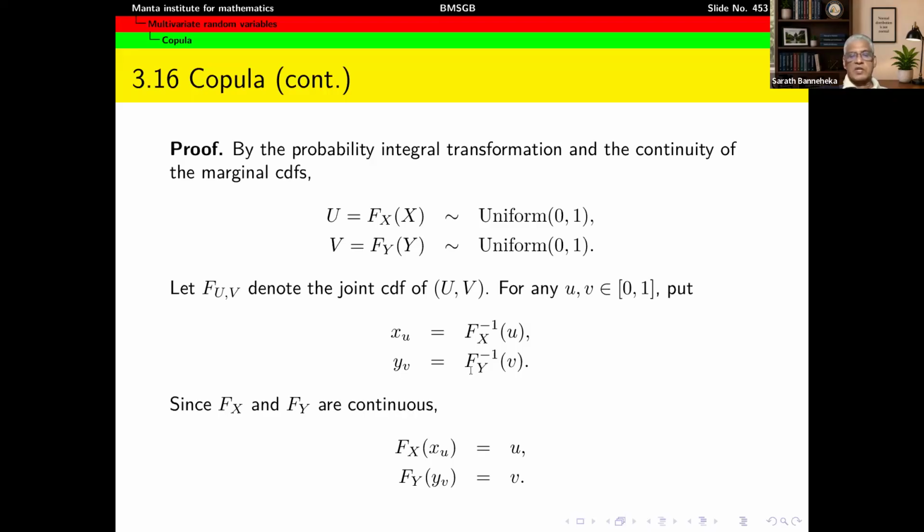And this F_X inverse and F_Y inverse exist because F_X and F_Y are continuous functions. Since F_X and F_Y are continuous, from this definition, we can also get u as F_X evaluated at x(u) and v as F_Y evaluated at y(v).